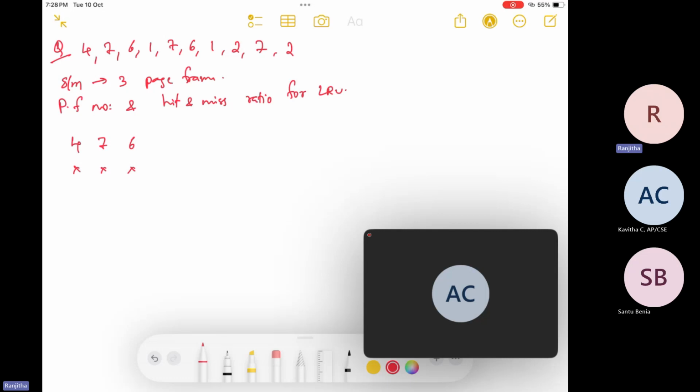Now the next page reference is 1, which is not there, so there will be a page fault. So 4 will be replaced and 1 will be brought in.